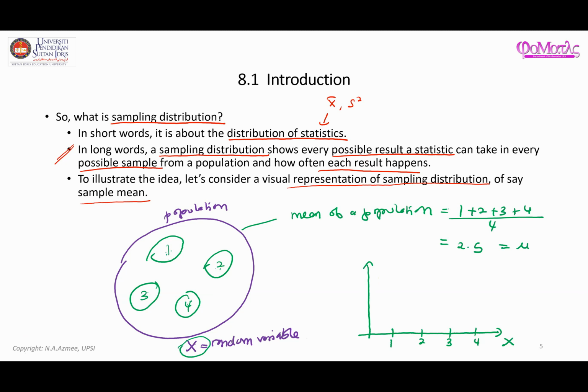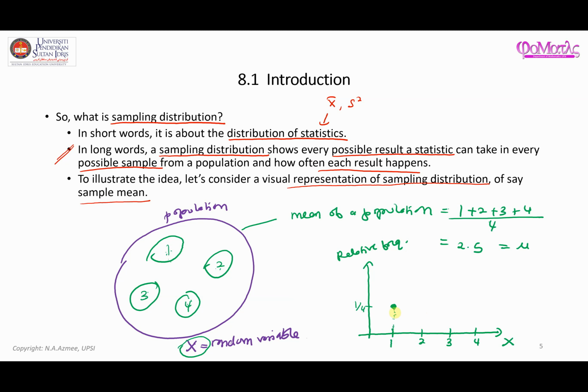Let's consider how many times 1 happens. Let's consider the relative frequency then, or the probability of that happening, which is 1/4. So here might be 1/4. So this is the relative frequency.